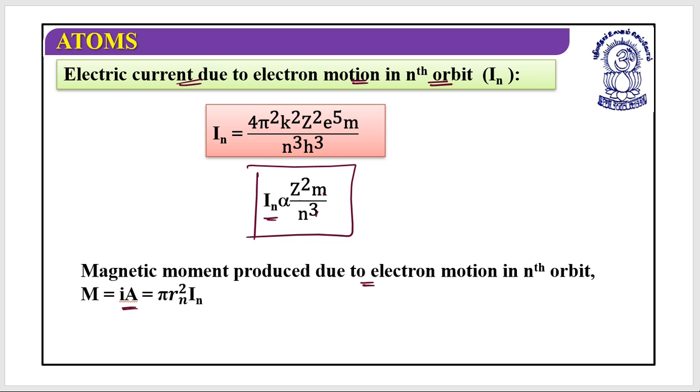It's the magnetic moment of the electron in the nth orbit, and M is given as M equals I into A. Have you noted it? Great.